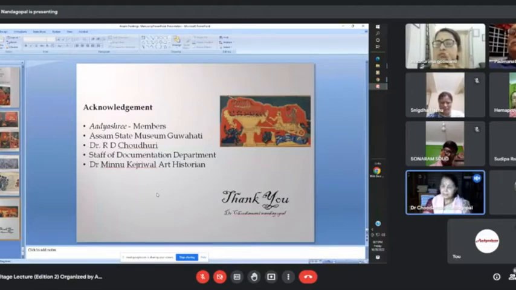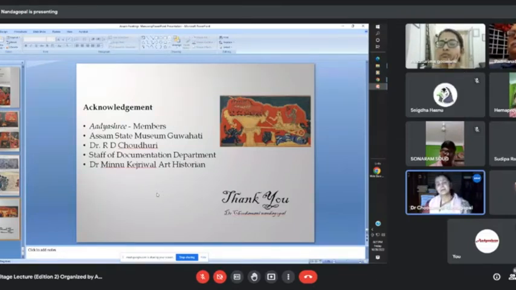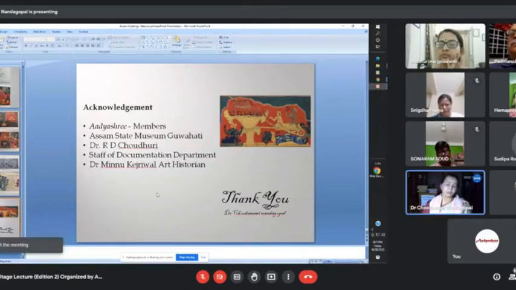We worked with him there also. And I also respect the staff of the documentation department in Assam Museum. They were all young at that time, 25 or 30 years ago.